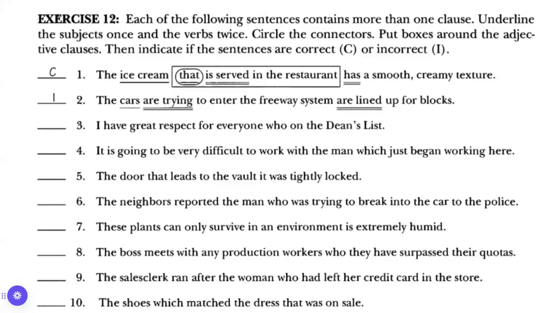We should eliminate it. Number 6, correct. Number 7, incorrect. It is missing a connector or subject, which could be which is. Number 8, incorrect. There's an extra subject. We need to omit they. Number 9, correct. Number 10, incorrect. There's a verb missing. It could be that was on sale, are also on sale.